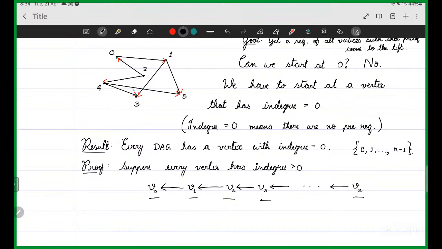How can that happen? That cannot happen unless Vn doesn't have any in degree here. No, Vn also has an in degree. I'm saying that this is sufficient for me because I have a list of n plus 1 vertices over here, but I actually have a total of n vertices in my graph.